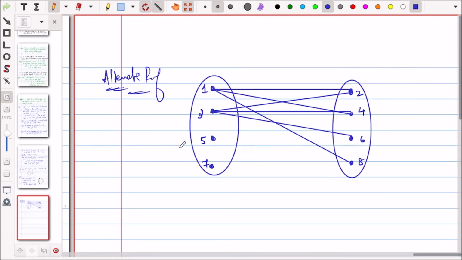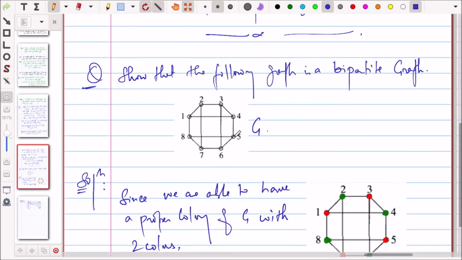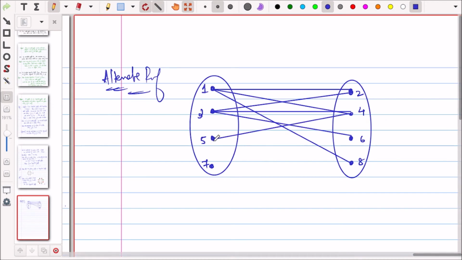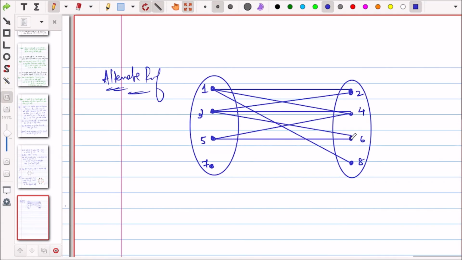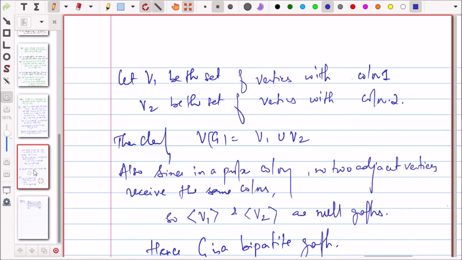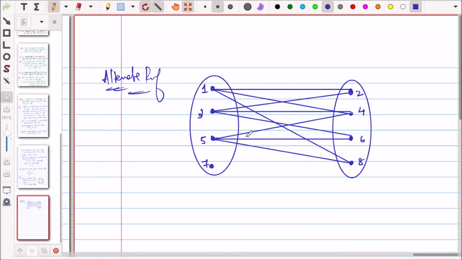Right? And then 5. 5 is adjacent to 6, 4, 8. And 7. 7 is adjacent to 8, 6, and 2.